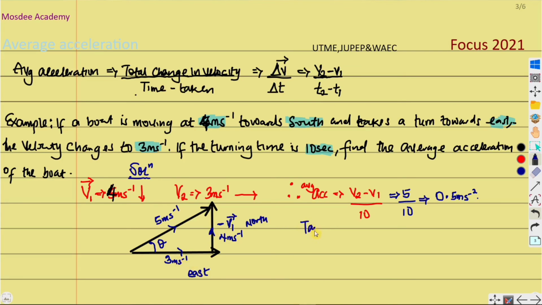Tan theta will be nothing but 4/3, and 4/3 is going to give you 1.333. So theta will be the arctan of that, and that is 53.1 degrees, in the direction of north of east. You can see north of east. So this is the way we solve this, and that is where I've stopped in this section. See you guys.